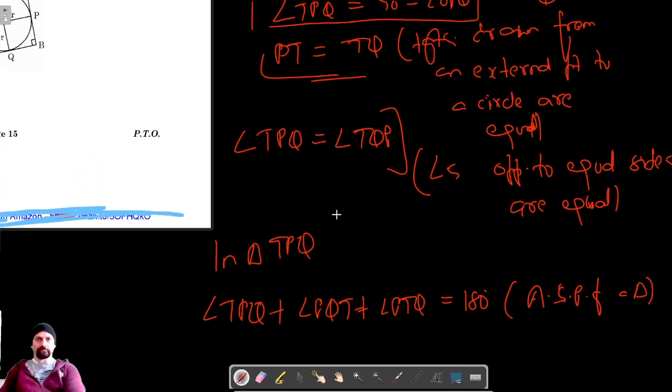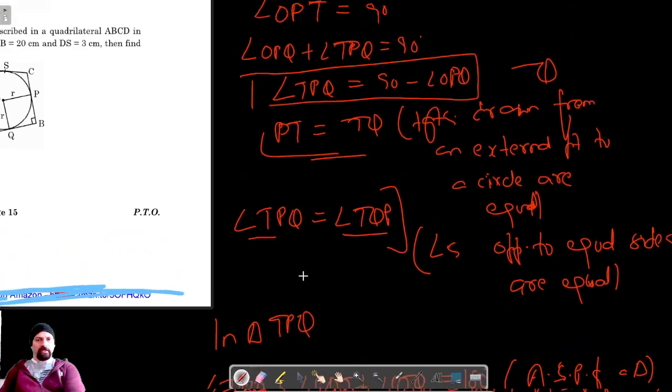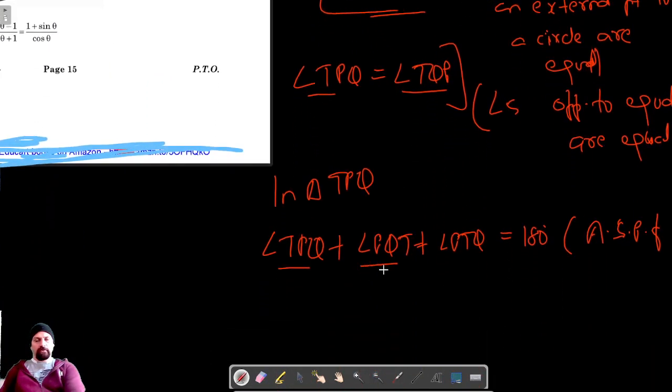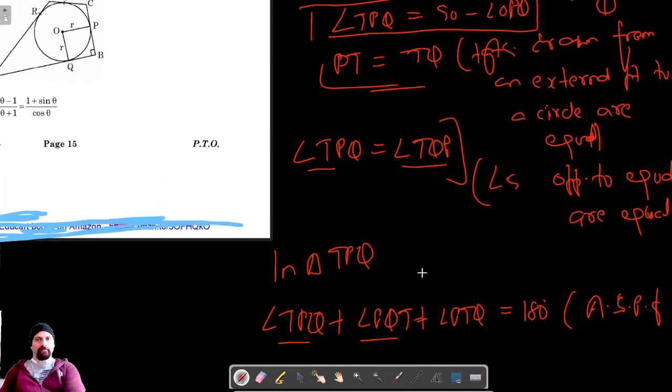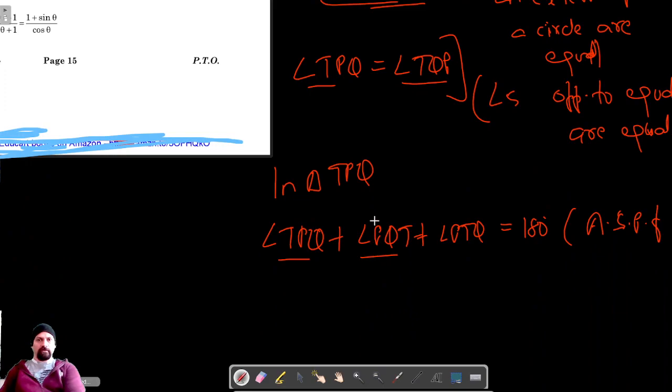Now TPQ and TQP are equal, so instead of PQT, I can write TPQ.